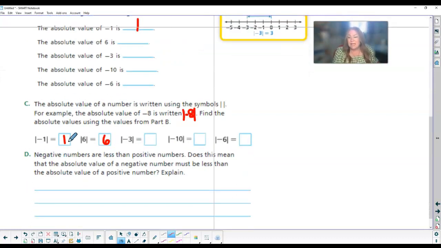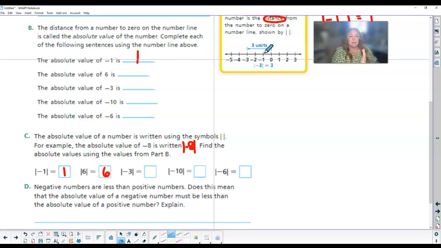So fill those out, and then our last one says negative numbers are less than positive numbers. If I look at this number line, these are smaller, these are bigger. Does this mean that the absolute value of a negative number must be less than the absolute value of a positive number? So let's give ourselves some examples.